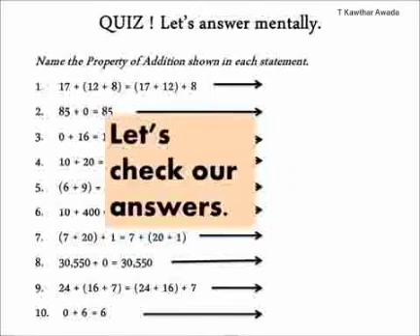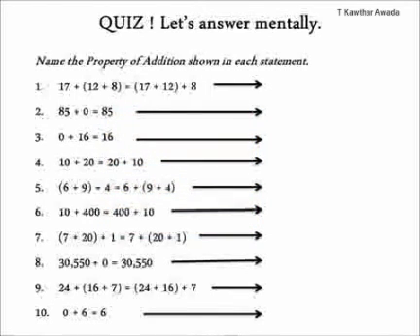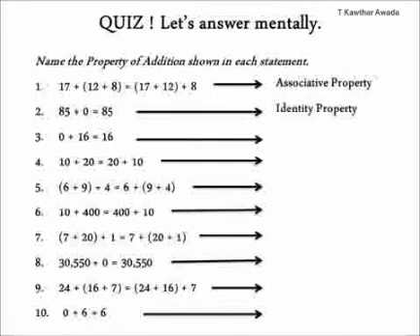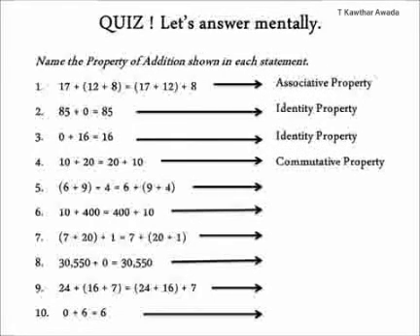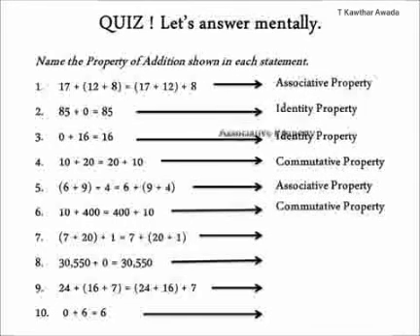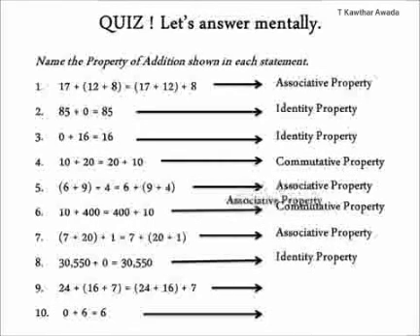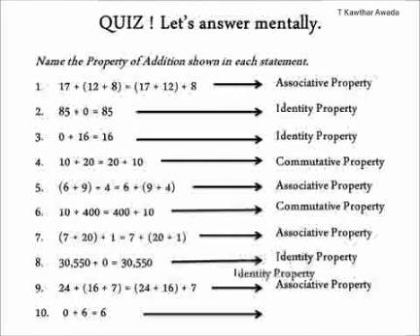After that, check your answers. If you have some mistakes, you should rewatch the video and understand the addition properties well. Okay? Compare these answers with your answers and see your mistakes.